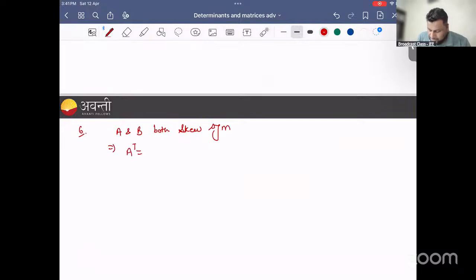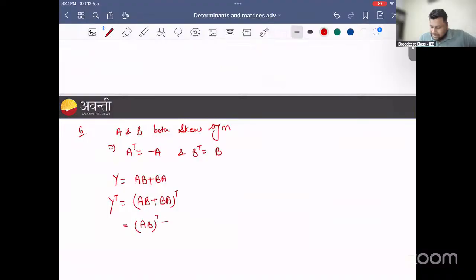Means A transpose is minus A and B transpose is minus B. Now they're asking, let Y equal AB plus BA. So what is Y transpose? Y transpose is (AB plus BA) transpose, that is (AB) transpose plus (BA) transpose.